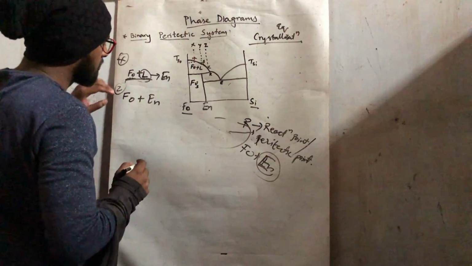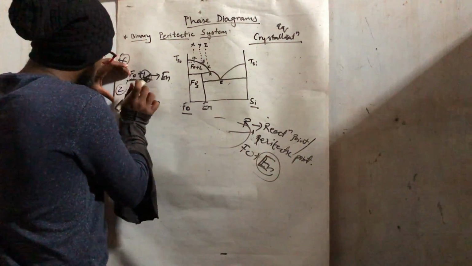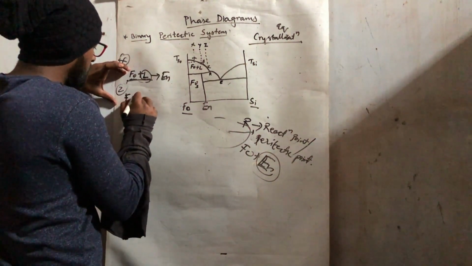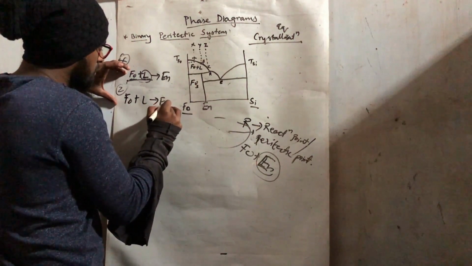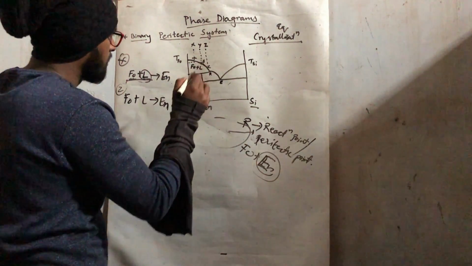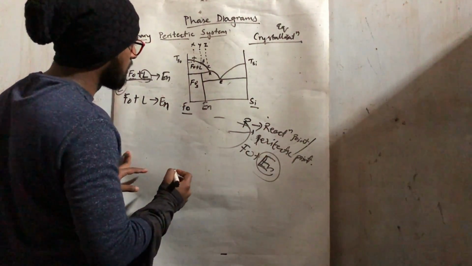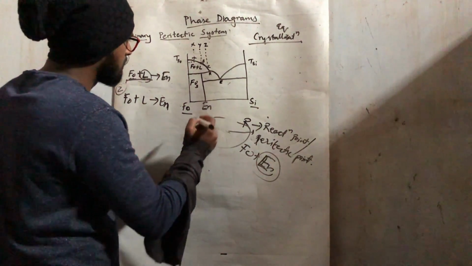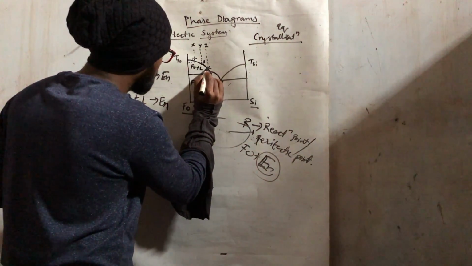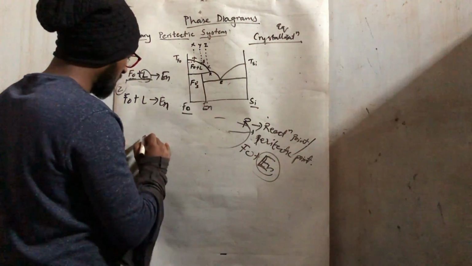Now for Z we need to see what happens. Forsterite plus liquid gives rise to enstatite. Here the composition of forsterite has decreased, not so significantly, but still not much forsterite is produced from the melt.